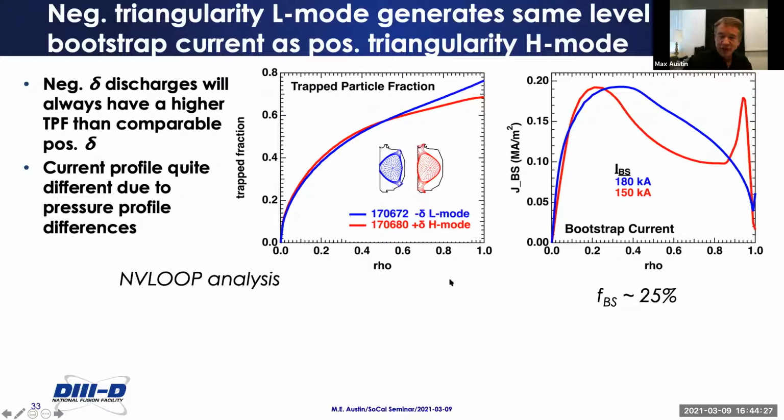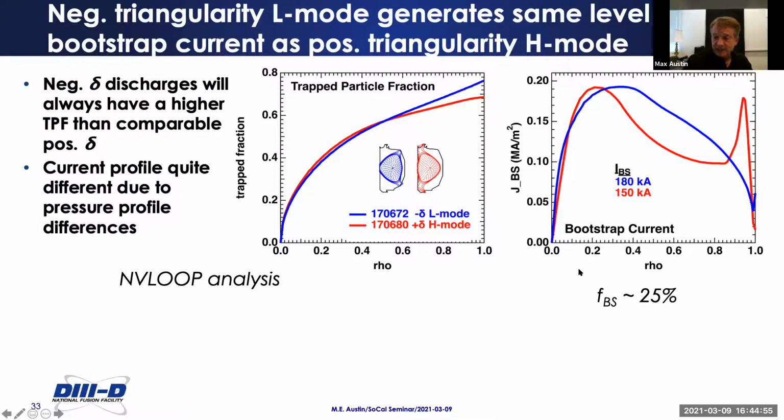So it was indicating, just from control room observations, that we were getting some bootstrap current. And so we did a comparison, and shown here on the right is the actual measurement from this NV loop analysis that's been developed.